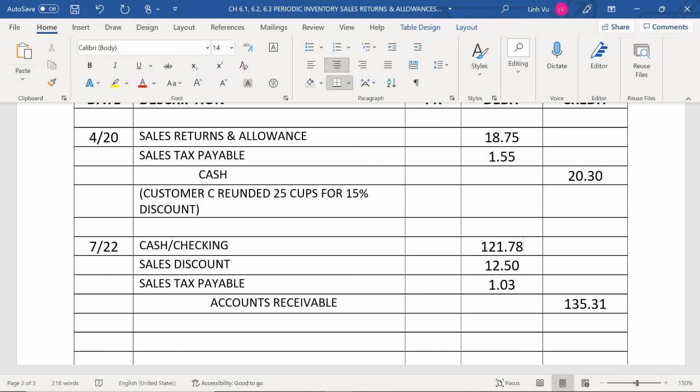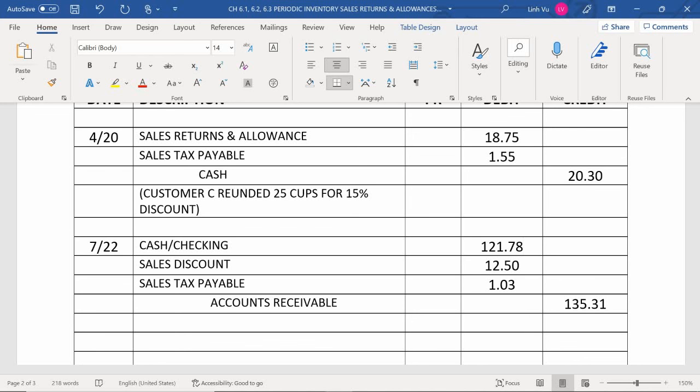All right, let's take a look at this. You're going to take the 135.31, subtract the discount, which is $12.50, and subtract the tax of $1.03, and you should be remaining with 121.78. Oh, I see. So I just subtracted the 125, not the sales tax. Correct.